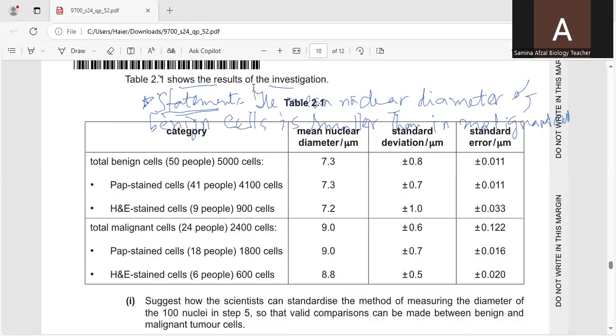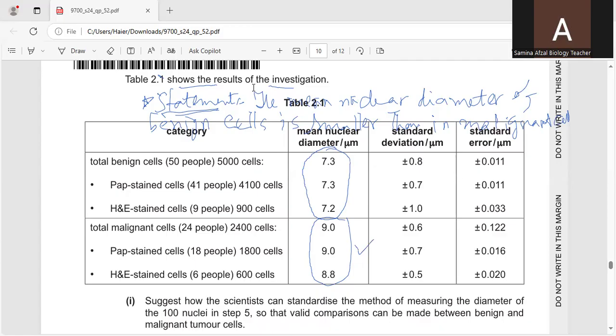Here you can see in the benign cells the mean diameter is 7.3 and 7.2, whereas in the malignant cells it is 9. So it means in malignant cells the diameter is larger in comparison to benign cells. It is smaller in benign cells and larger in the malignant cells.